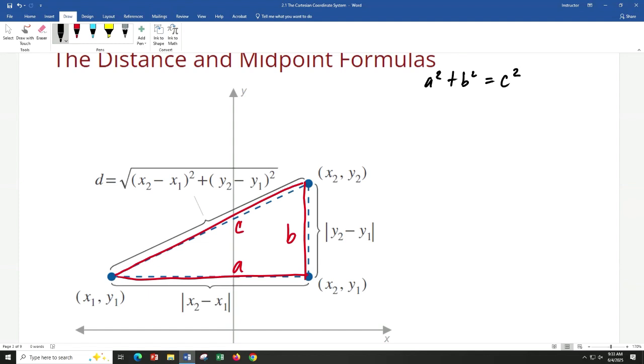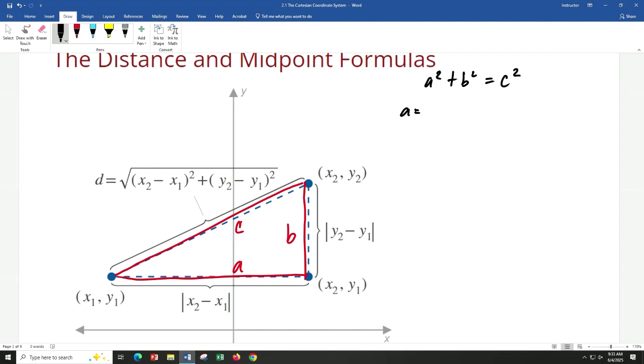Well, notice A we're going to make equal to that distance. And notice how they're deciding this A distance. They're saying, hey, if you take this x2 and minus it from x1, you're going to get a distance here. That's why they're putting in an absolute value symbol. Because if you accidentally subtracted x1 minus x2, you might get a negative value, right? But when I take the absolute value of a negative, what happens?